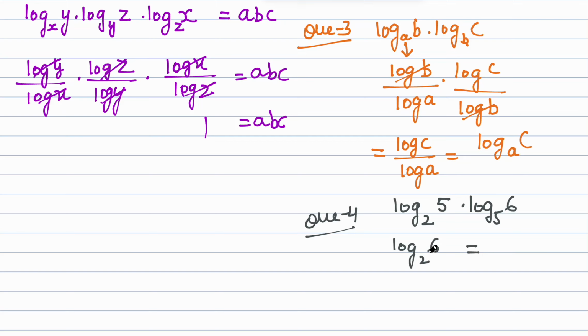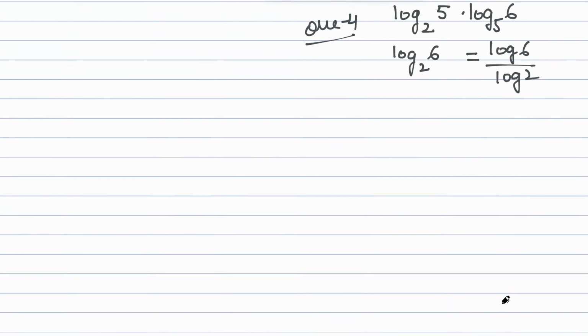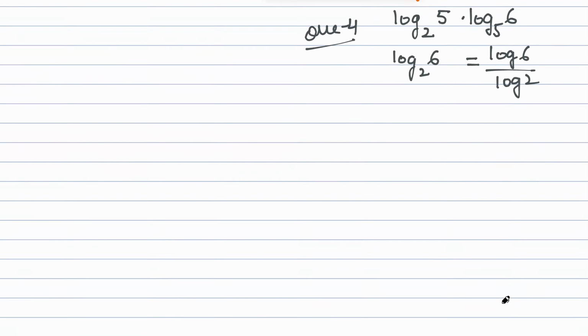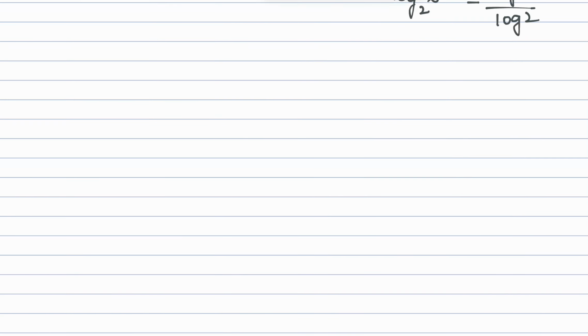And if that is the answer, that's fine. But if you have to apply the log rule, here we are. Remember, 6 and 2 have a common factor 2, but we cannot cancel it because 6 and 2 have their individual logs, right?